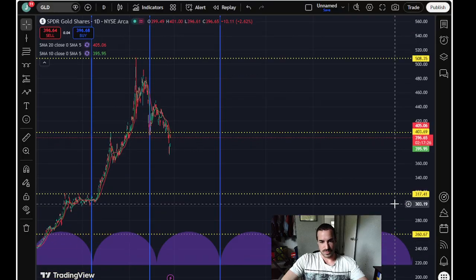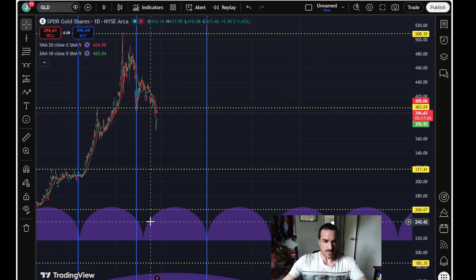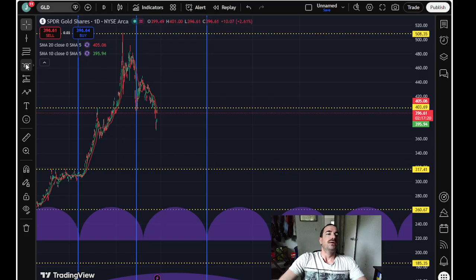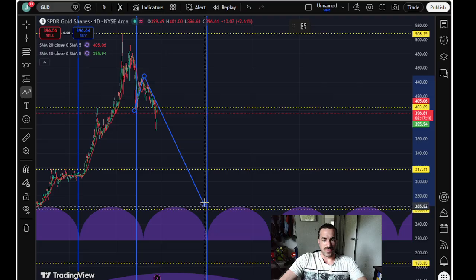So for example, if we think we did our semicircle troughs correctly, looking at GLD, if we say that it topped out the first half of here, the odds of it going down the rest of the semicircle are high.